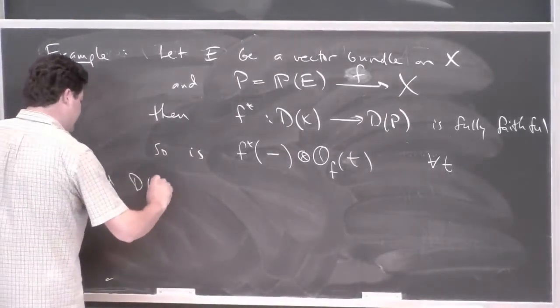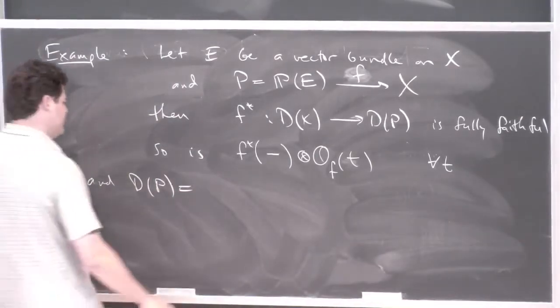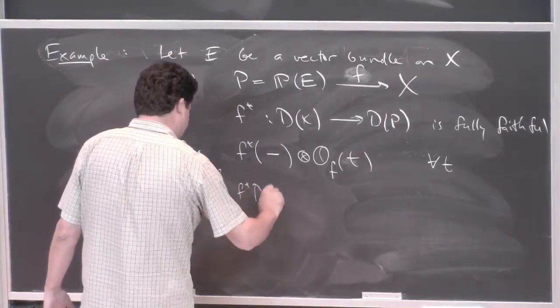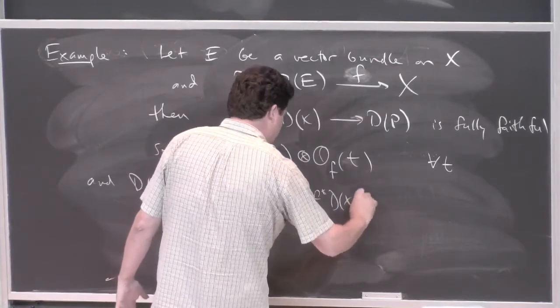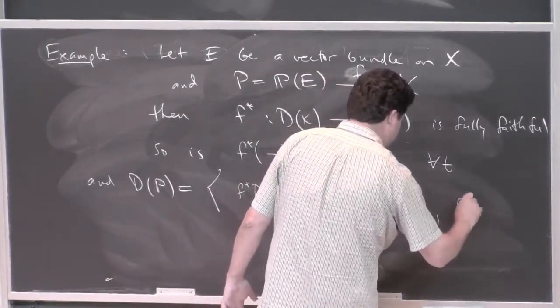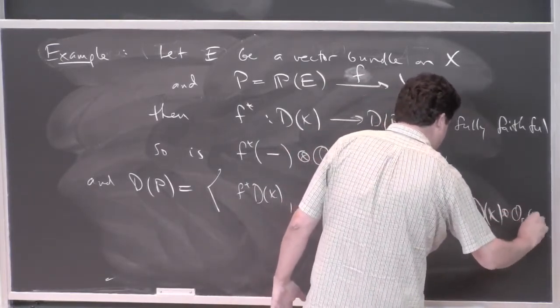And the derived category of P, this is some family version of Beilinson's theorem, splits as f upper star D of X, f upper star D of X tensor O relative of 1, up to f star D of X tensor O relative of n.